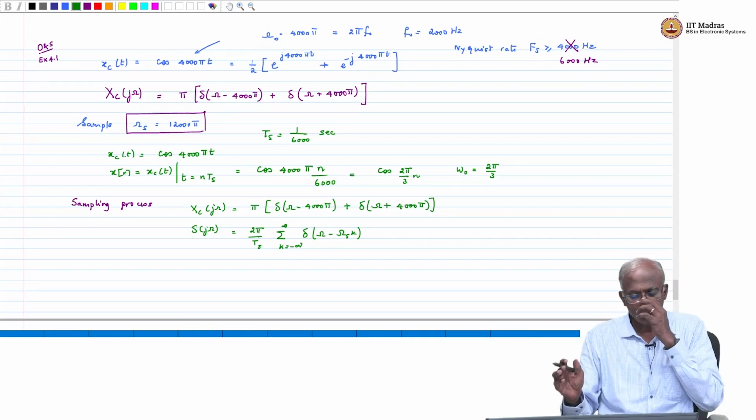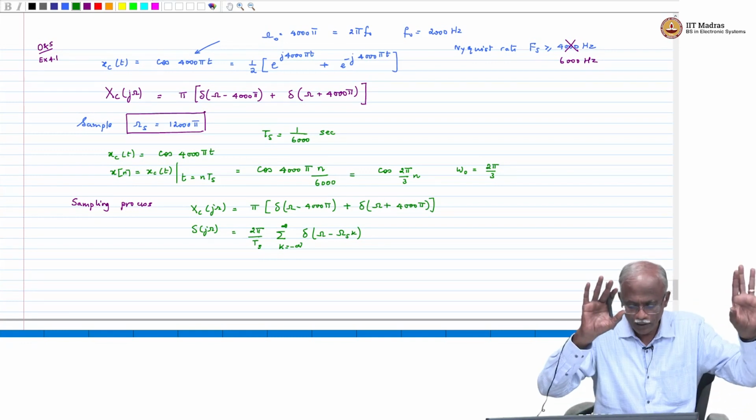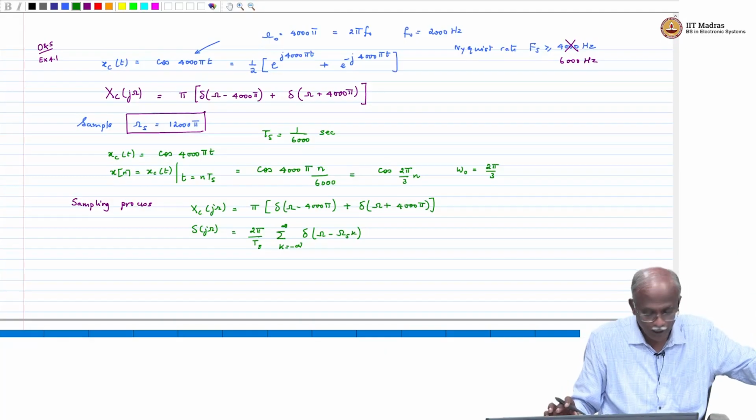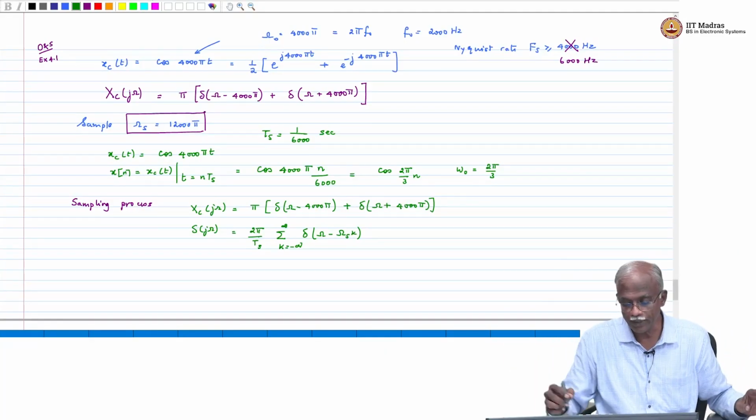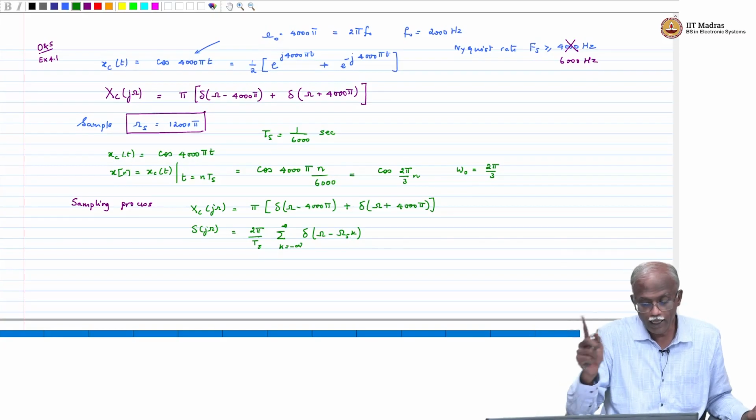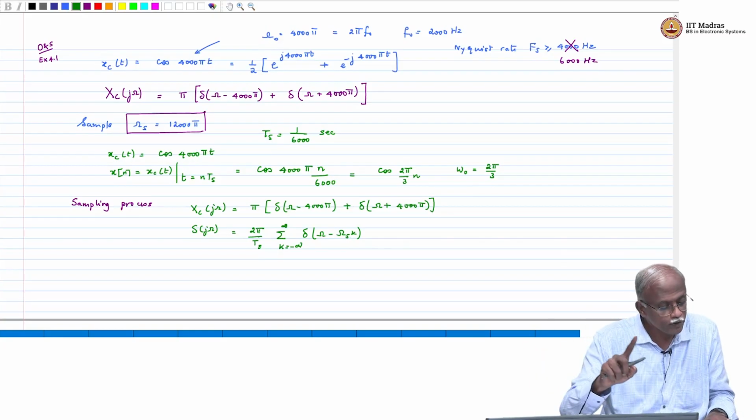Okay, so basically you have two Dirac deltas which are part of your input, and you have these Dirac deltas which are spaced at omega s, and you are going to convolve these two.